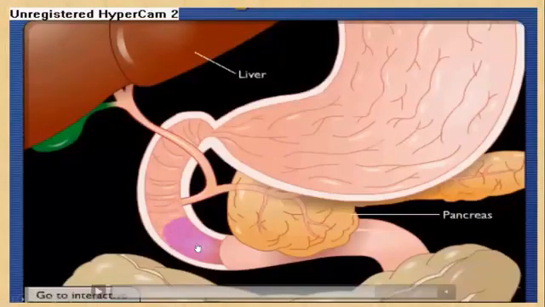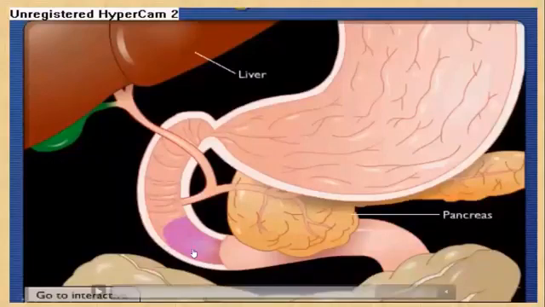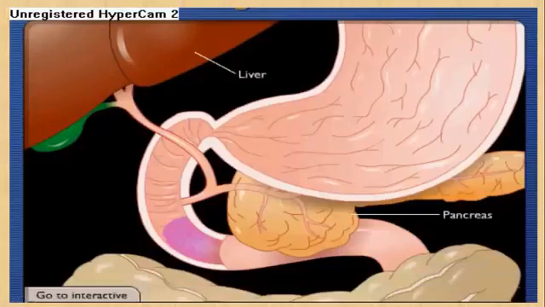And here the digestion of carbohydrate, protein, lipid, and nucleic acid is all done in this duodenum. Mostly all of the food substances are digested here, and they are absorbed by the ileum.